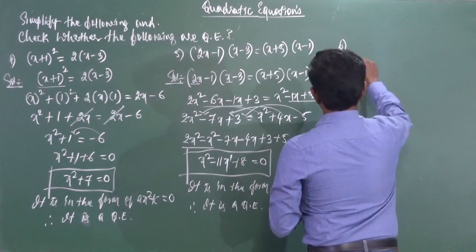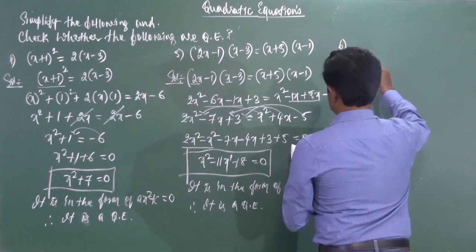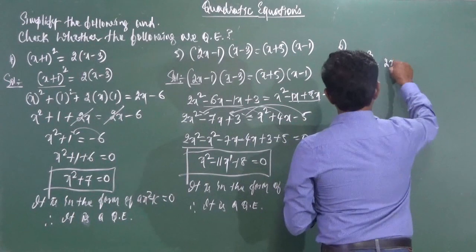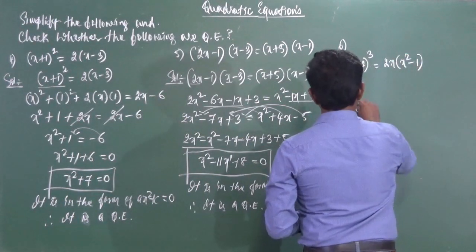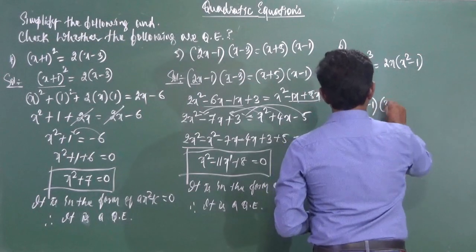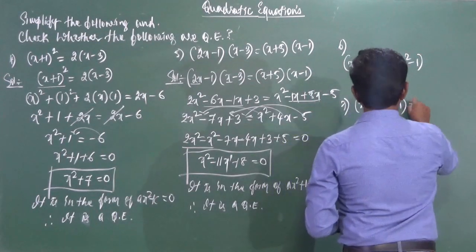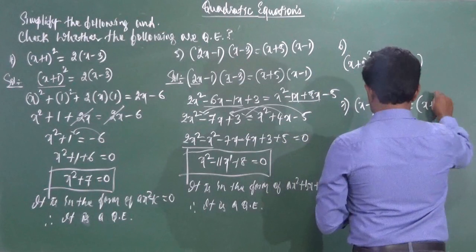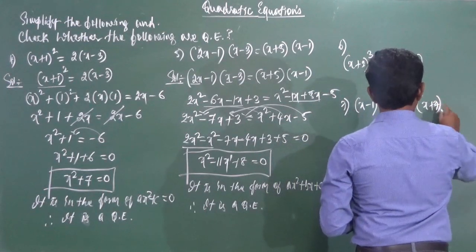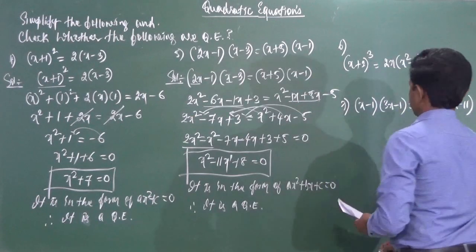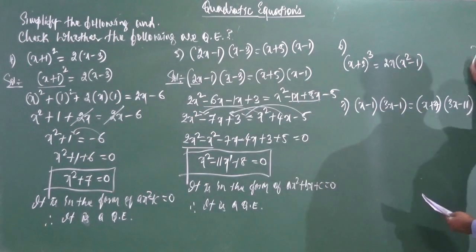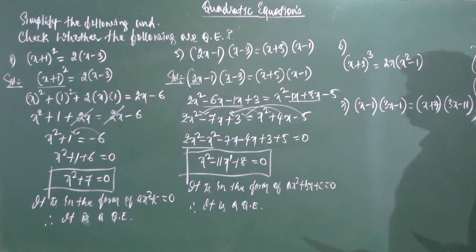It is (x plus 2) whole cube is equal to 2x into (x square minus 1), and the seventh problem is (x minus 1) into (3x minus 1) is equal to (x plus 7) into (3x minus 11). Right. So these two problems, please do them as homework.